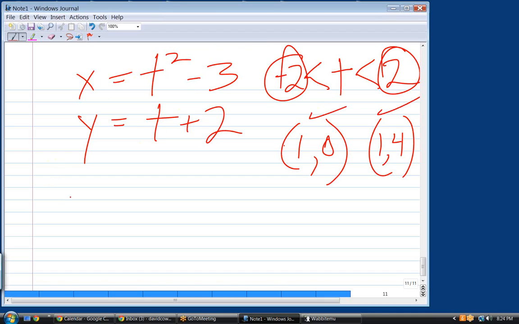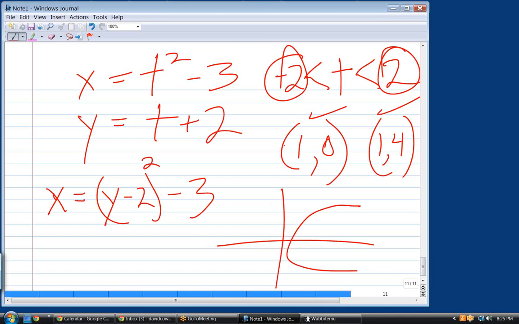In other words, when we got our final answer, we had x equals y minus 2 squared minus 3. There's our non-parametrized parabola. That's a horizontal parabola, something like this. And one endpoint is here, and the other endpoint is up there. So maybe it's a parabola like that.